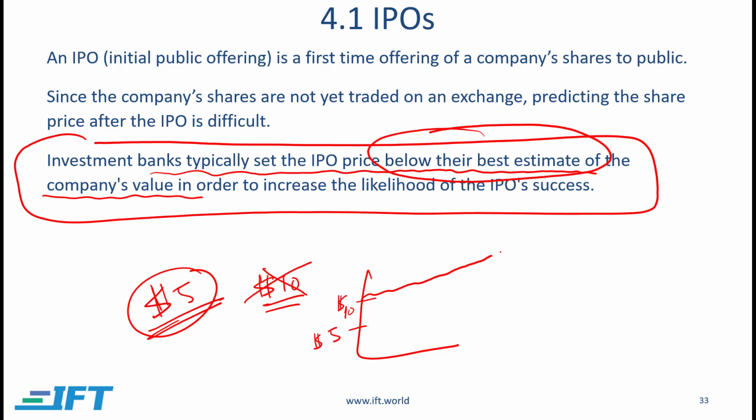How do the company owners and the investment bank agree on this price of 5? Because obviously, since the company shares are not yet traded, it's very difficult to predict the share price. So what they do is they use financial models which use the projected cash flow of the company, and then they discount it back to the present value, and then they say, okay, this is what your company is worth today, right?